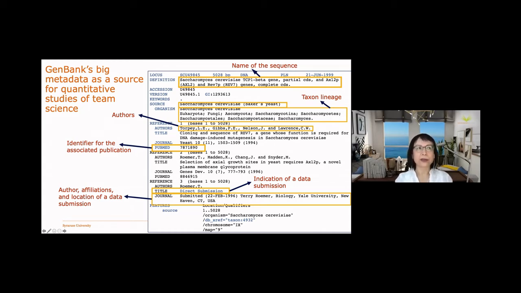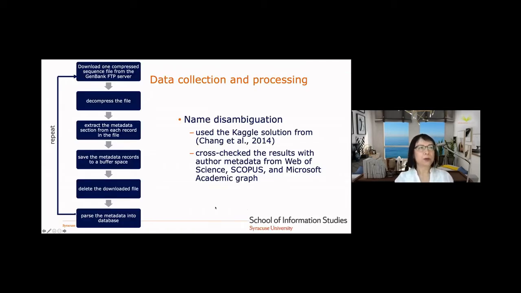Then there are authors, the taxon lineage, which is extremely important for a genetic or molecular sequence, and publication, authors, and the PubMed ID, and the data submission information about when it was submitted and by whom, and also other information about the sequence.